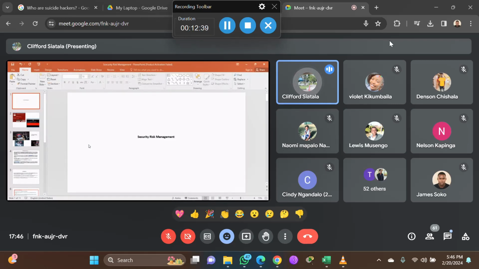So penetration testing will have some brief theory and practical. Okay, so risk management. We begin number two, risk management. Security risk management.